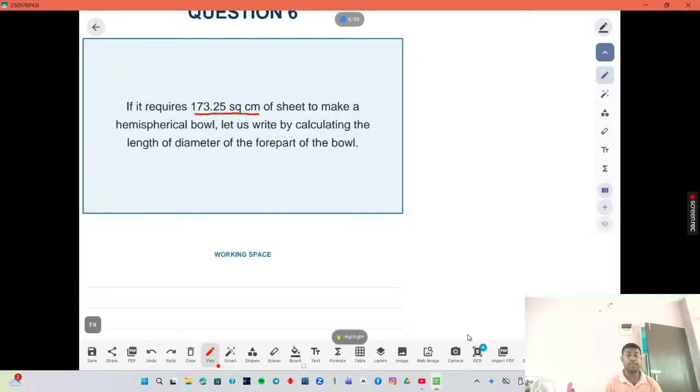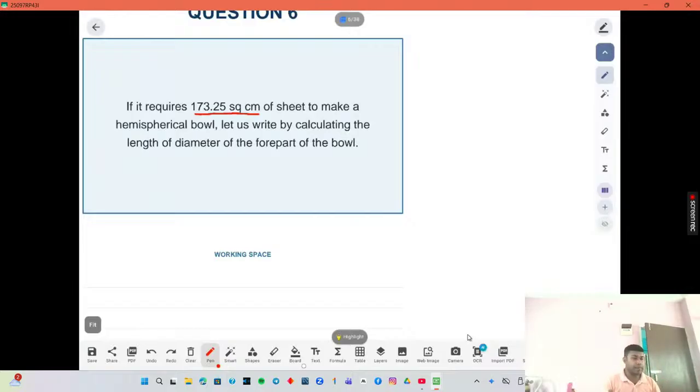So in this question, we simply have to find the diameter of the hemispherical bowl.